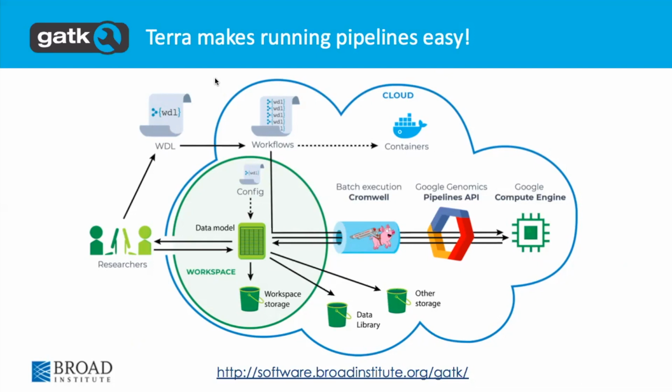We have stored data all over the place, public data sets, your own data you can upload to the cloud. And on your behalf, we run Cromwell, as I said, and we're interacting with Google. Google Genomics runs what's called a pipelines API. And that, in turn, is spinning up servers on Google Cloud's Compute Engine and accessing Google storage on the researcher's behalf.